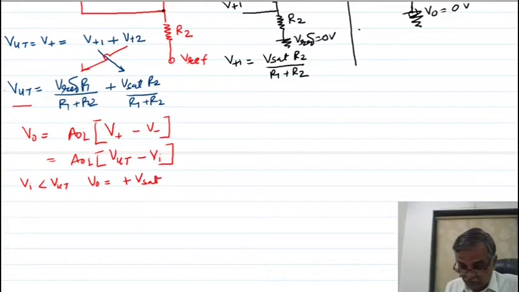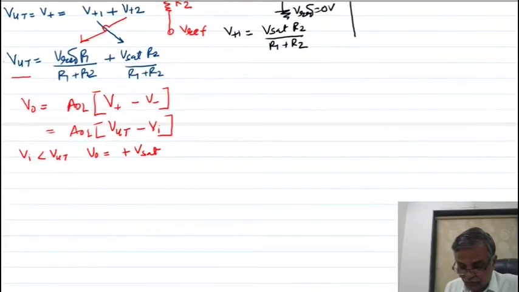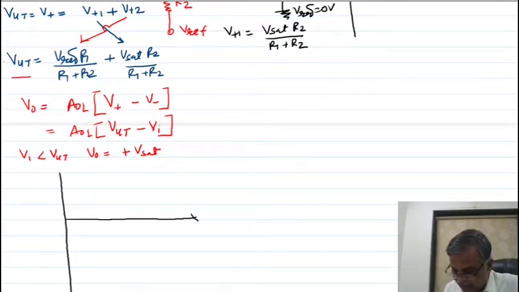For your more clarity, look here, if I plot a graph of output voltage versus input voltage, this is your Vi.